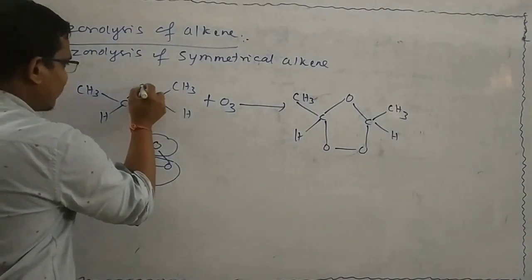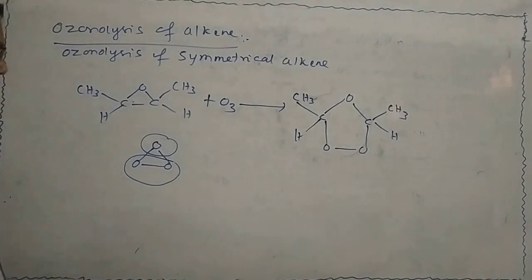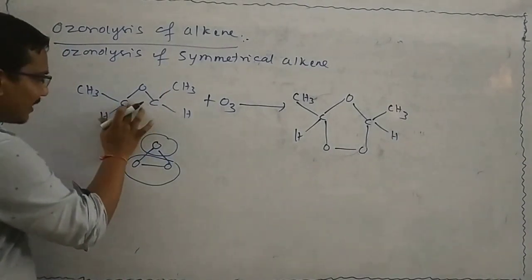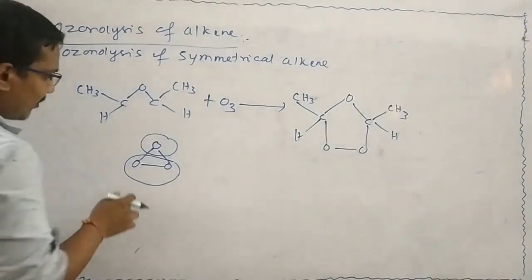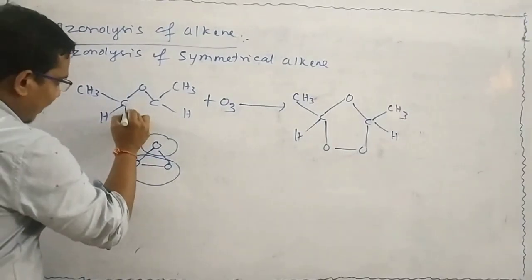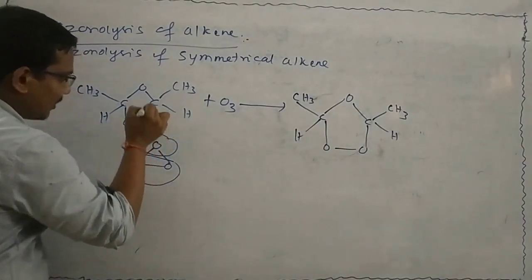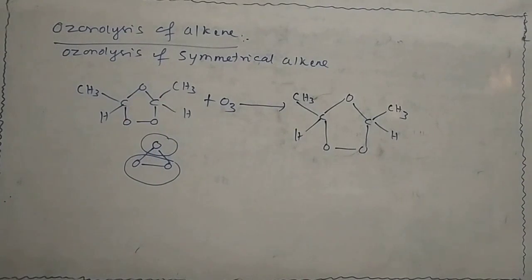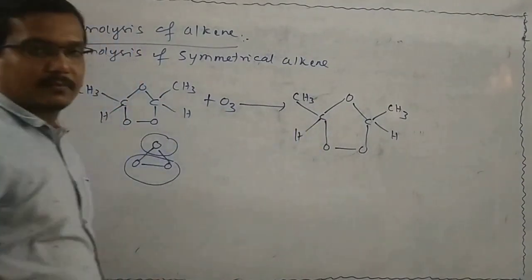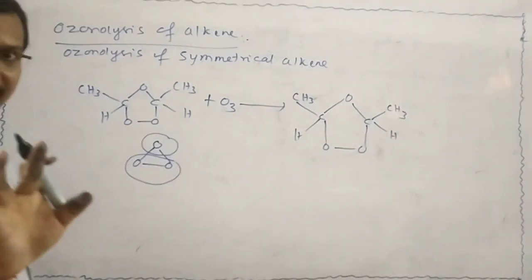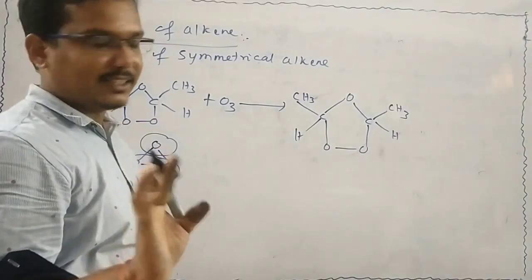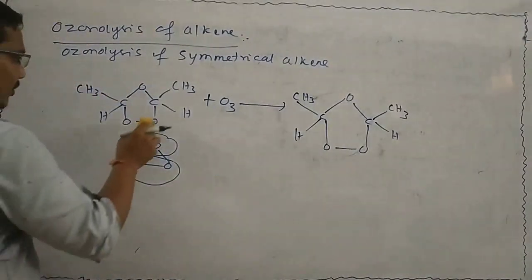Then what will happen? This. Now I will go to the second bond and I will attach like this. This is the ozonide which is formed here. It is only a trick, remember, not that it is the mechanism.